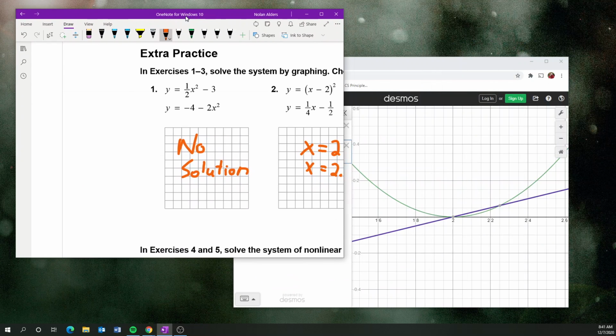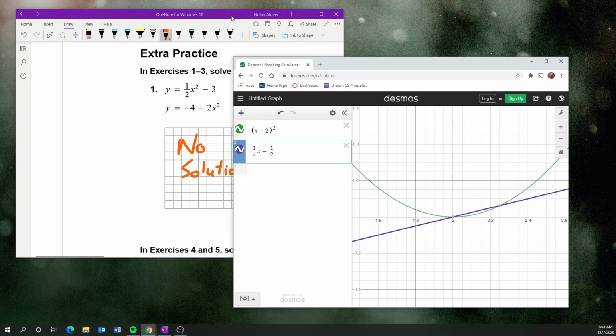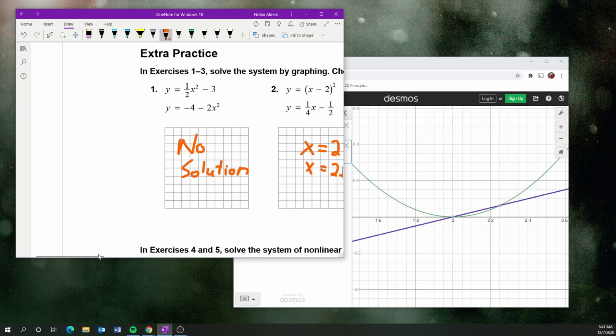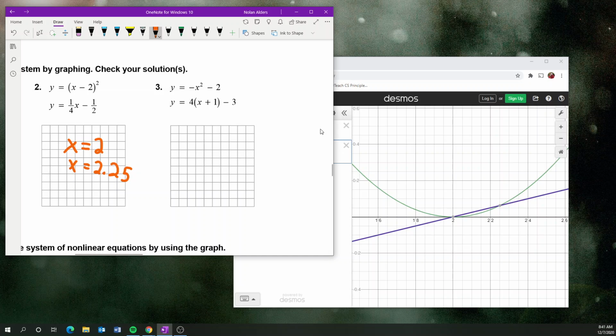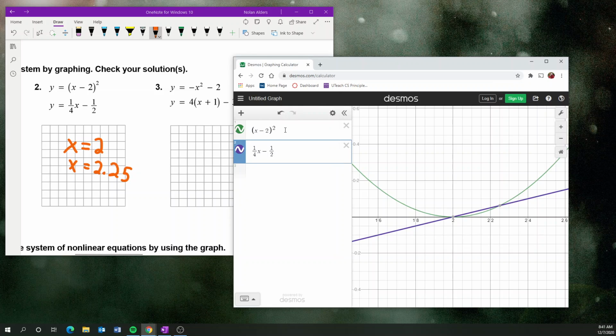All right, so let's grab this again. Let's see, what's our third one here? So y equals -x squared. Let's do one more so we can see multiple examples here.